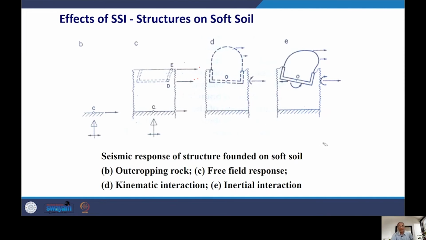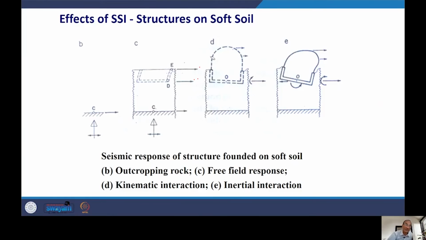But what happens in the next step? In the next step, you put your foundation at the location of points D and E, for which you determined the response earlier.